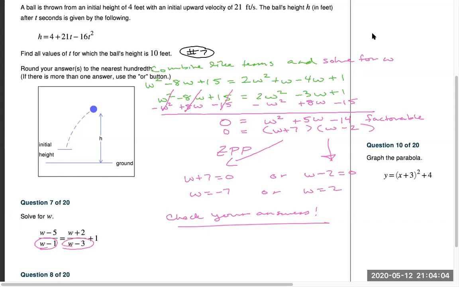So if w came out to be 1 or w came out to be 3, when we plug back in to check, we would have to eliminate those solutions as values. Now, if you do check it, you'll find out that these do indeed work. Let me know if you need help with the check. Remember, check in the original equation.